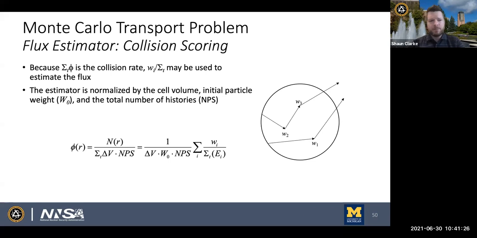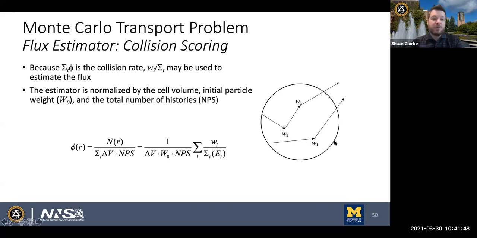However, there are advantages and disadvantages to both. The track length estimate is generally better if you're thinking of a volume that's relatively thin, so any kind of volume where collisions are unlikely, right? If there's no collisions, the collision estimator returns 0.